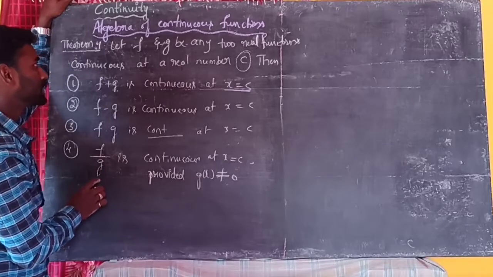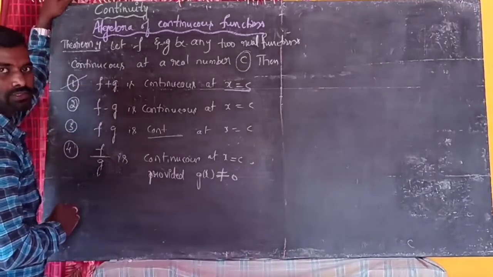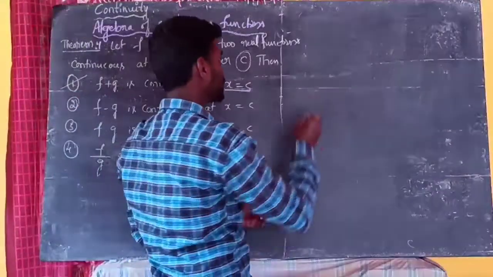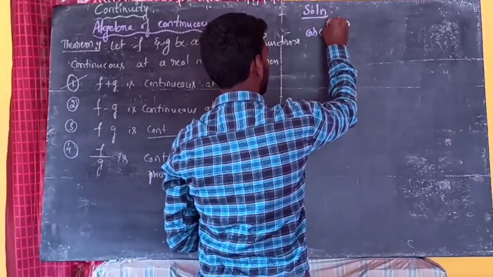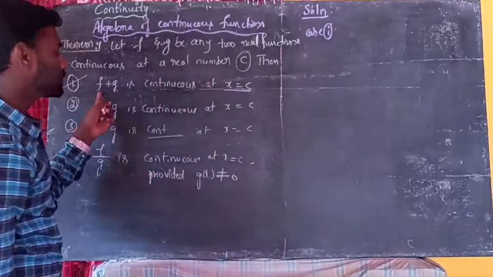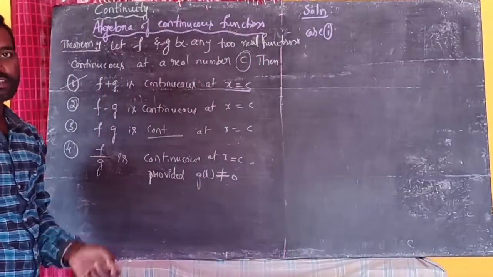Okay, here observe, guys. We have to show these results. Your first solution, case 1. That means I am going to show f plus g is continuous at x is equal to c.